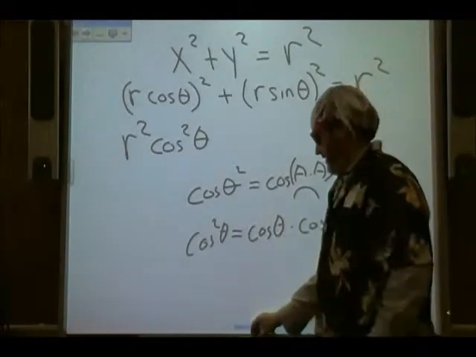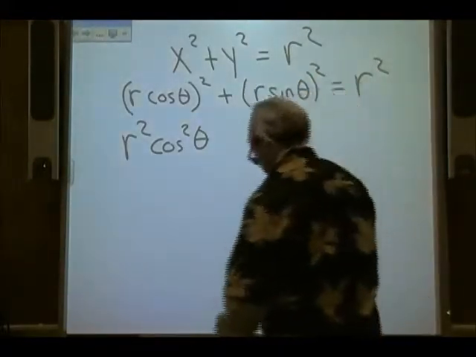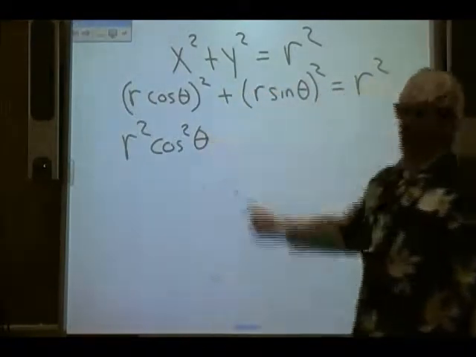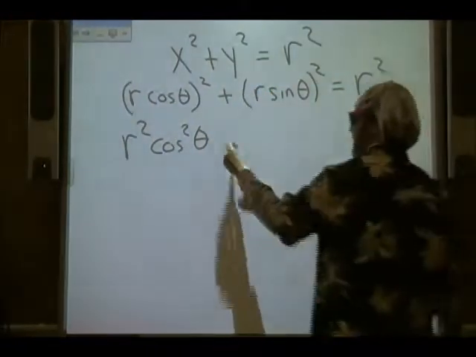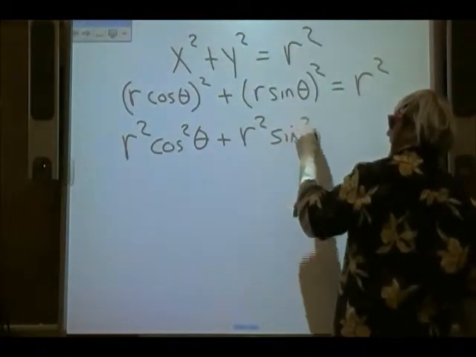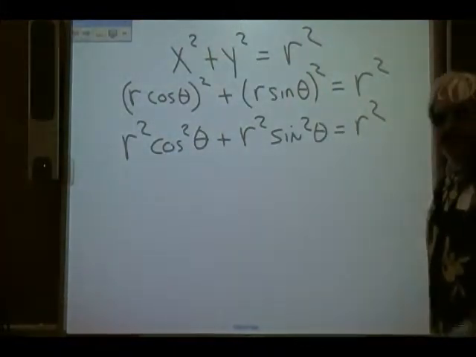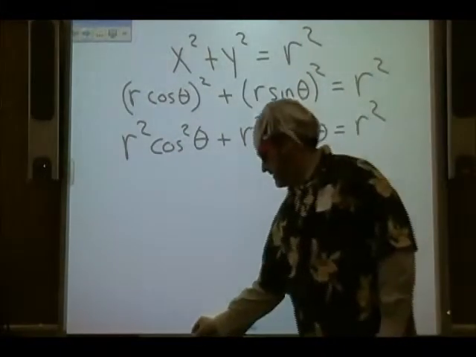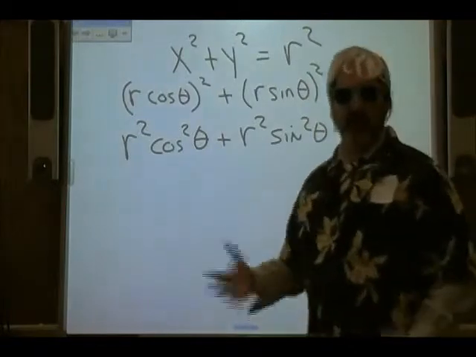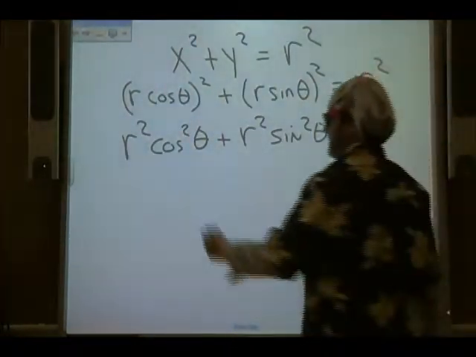Okay, let me get rid of this part here and plug it in. So it's r squared cosine squared theta plus, on the same principle, r squared sine squared theta equals r squared. Now, what to do? Well, we can play around. Let's get rid of the r squares.